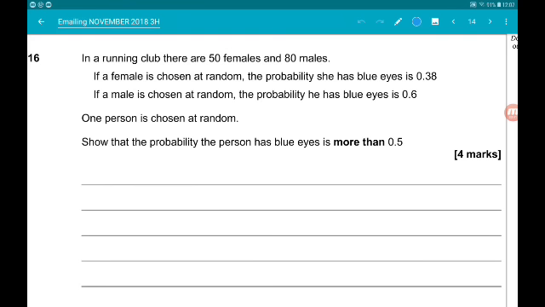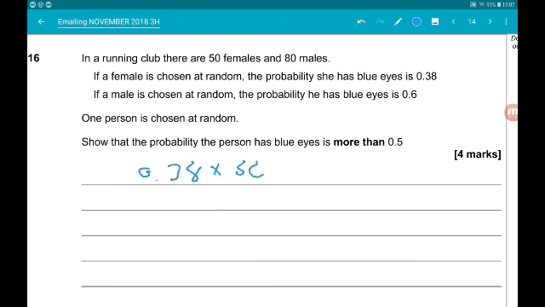Okay, so we need to work out two things. We need to work out how many people are in the running club altogether and how many people have blue eyes. So, for the females, we want to find 38% of 50. So, on a calculator we can just do 0.38 times 50, and that will give you 19.